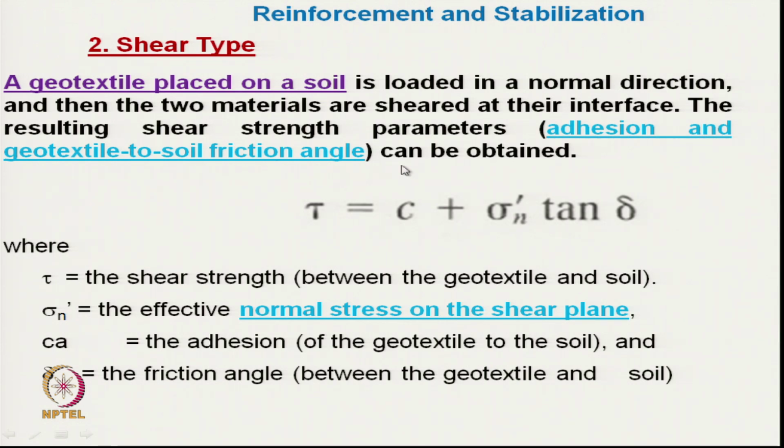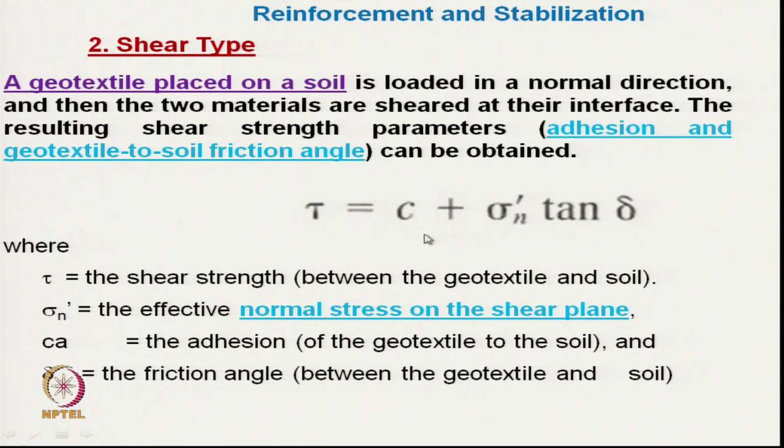The resulting shear force parameters are: shear strength tau, sigma n, the effective normal stress on the shear plane, Ca, the adhesion, here geotextile to soil adhesion, and delta, the friction angle. From there we can calculate the shear strength between soil and geotextiles.